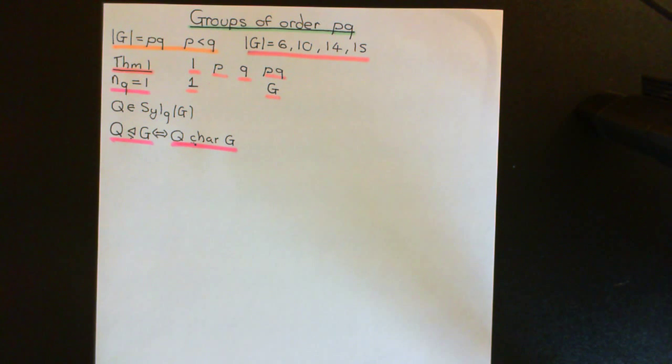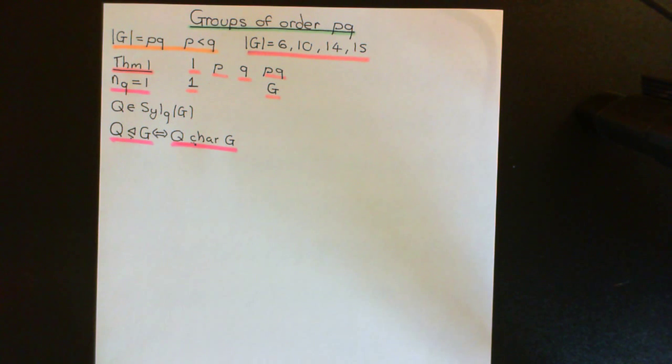So if it's normal, that implies there's only one Sylow subgroup pertaining to that prime, because otherwise it wouldn't be normal. If you conjugated it by something, you'd be able to find one of the other ones.